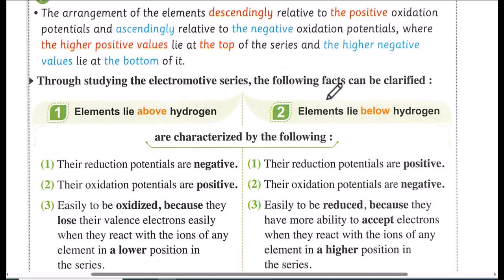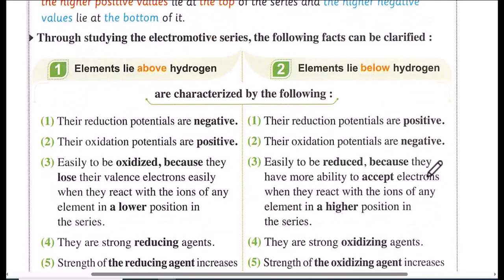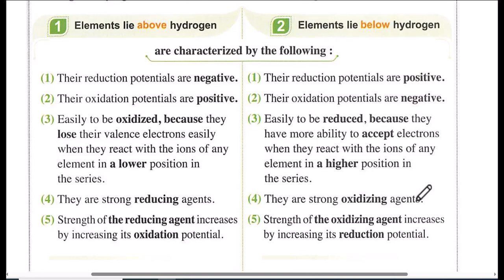Elements below hydrogen: the reduction potentials are positive or high, oxidation potentials are negative, easily reduced, accepting electrons from other elements. They are strong oxidizing agents, as they take electrons from other elements and oxidize them.